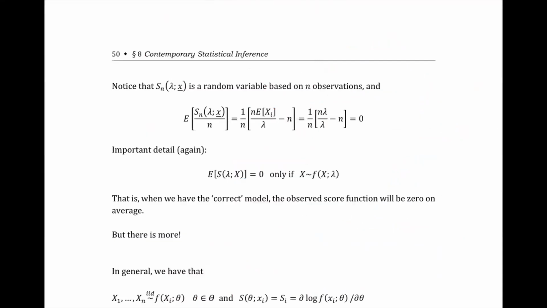All right. Notice that this is a random variable based on n observations, so I can take its average. And actually, I don't even need to take its average in this case. So the expected value of the average is, 1 over n comes out. Just don't forget the score function was the sum of the x_i's over lambda minus n. That's S. I took the expected value of that.